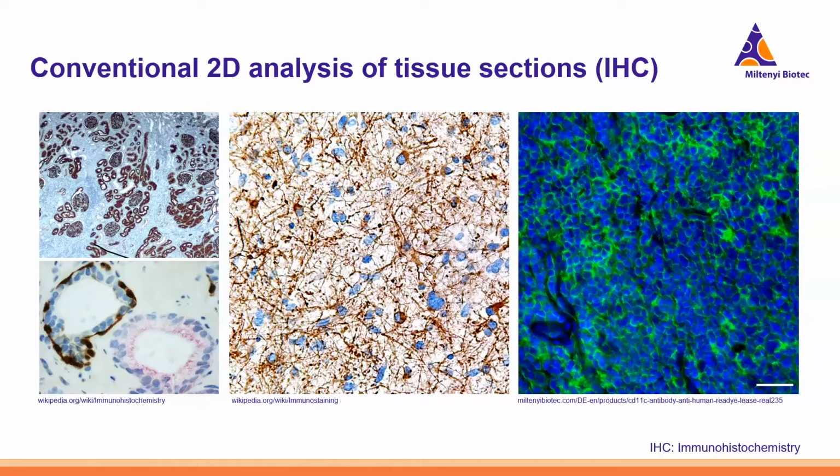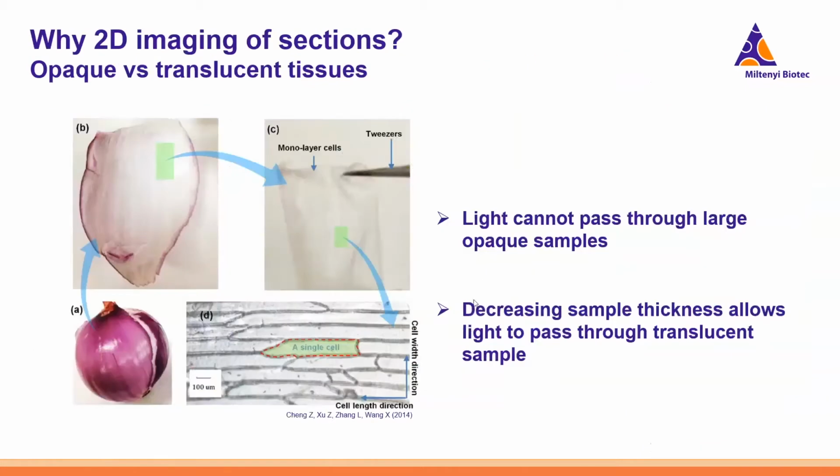But first, I would like to take a step back and ask the question, why actually do we do the 2D imaging of sections? This has to do with the fact that large samples, such as in this example the onion, do not let light pass through them, and this makes them opaque, right? This is what we all learned.